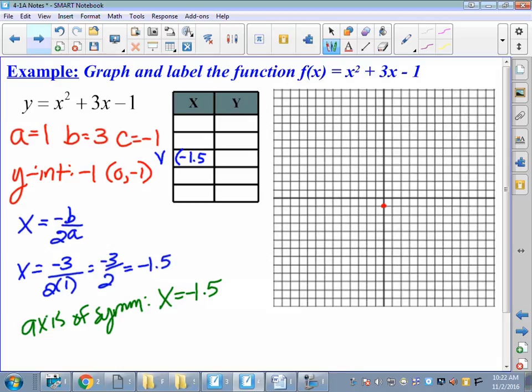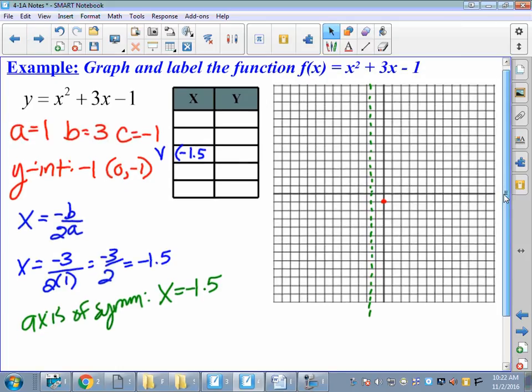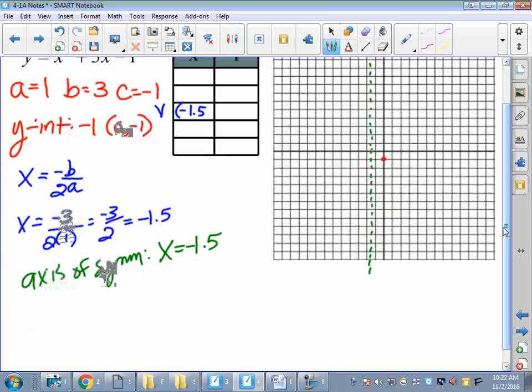When I graph that line at -1.5, I can see that my y-intercept is to the right. It's one of the points to the right, and I just have to figure out my vertex. To figure out my vertex, I plug -1.5 into the function. So y equals -1.5 squared plus 3 times -1.5 minus 1.